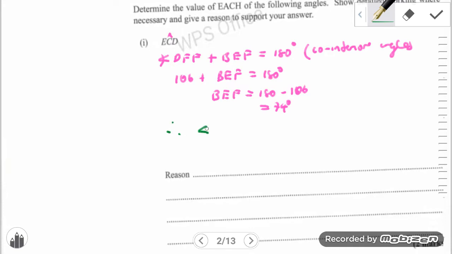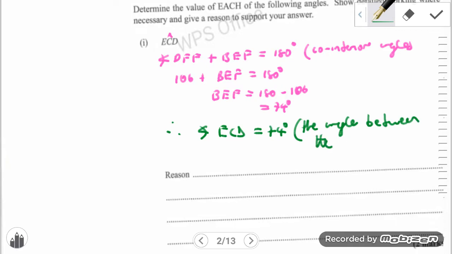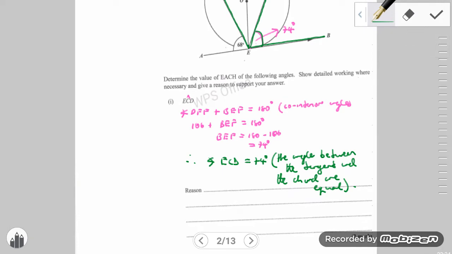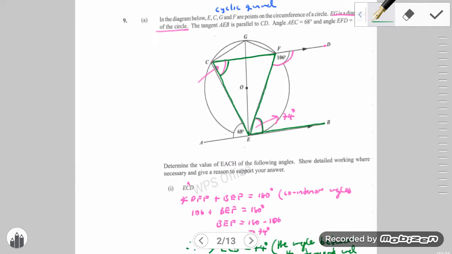So therefore, angle ECD is equal to 74 degrees, simply by the mere fact that the angle between the tangent and the chord are equal. That's the reason behind it. And this here is a circle geometry theorem that you ought to know.